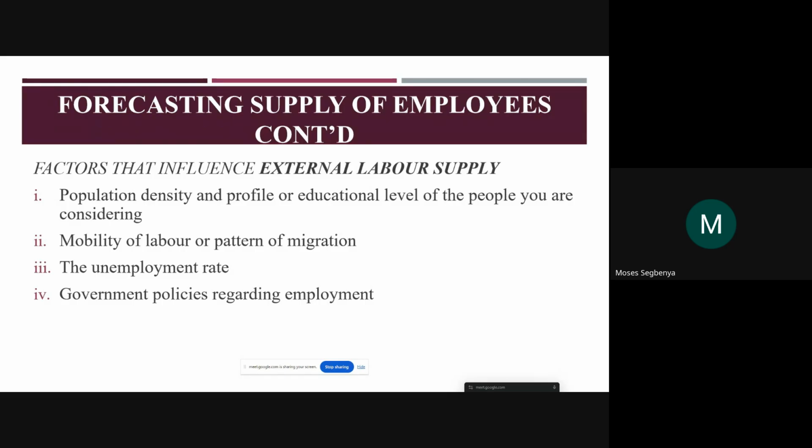Why are they unemployed? Are the jobs available? Because in every unemployment situation, any vacancy you put there, you will get people who are overqualified and people who are not even qualified. All of them are trying their luck. They think there's no job.